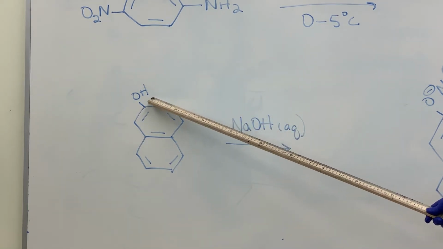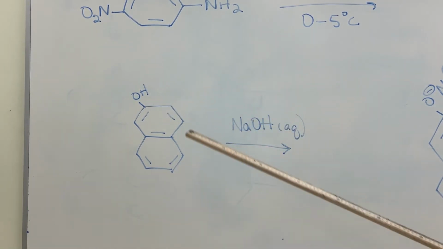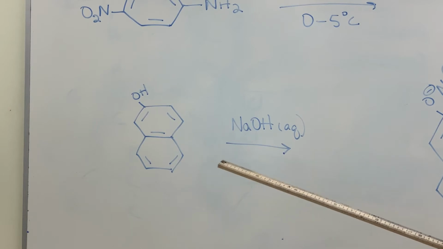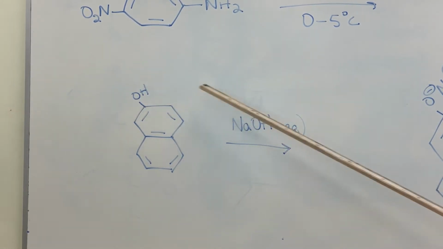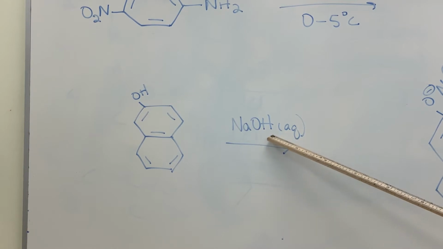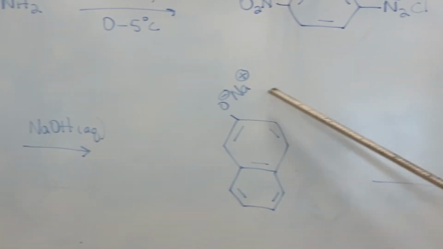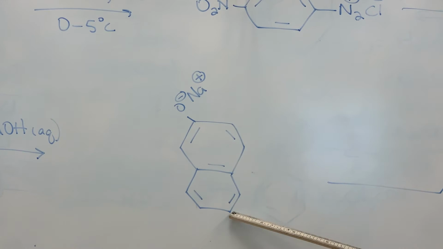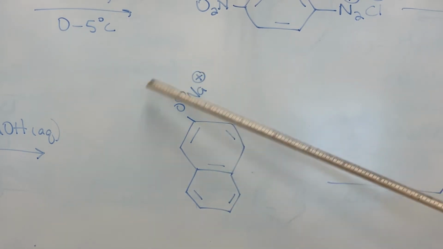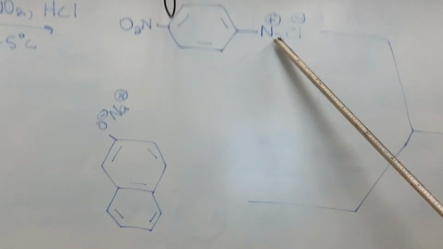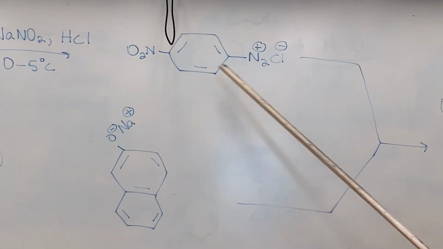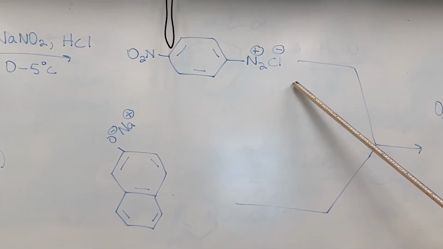Usually the best ones are hydroxyl groups, or you could have amino groups as well. Since this is a hydroxyl group, we want to treat that with sodium hydroxide to form the sodium salt. We need that to dissolve in our aqueous solution. So this is our coupling component. This is our diazonium salt that was derived from the diazo component, which was that primary aromatic amine.